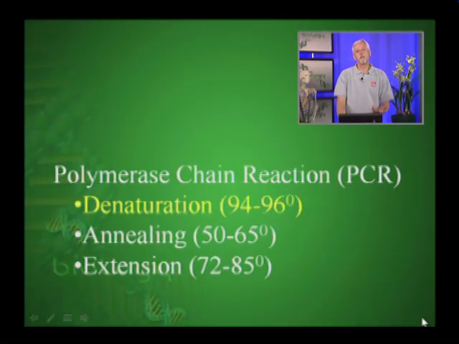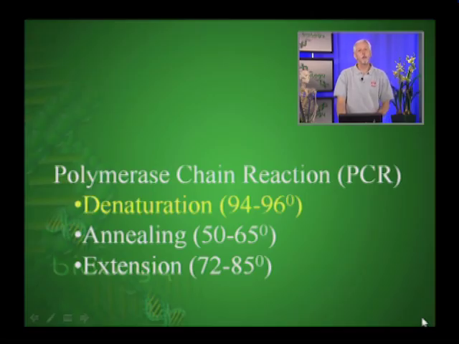It's in that heating and cooling cycle, a three-step process. I'll start with this, then we'll look at some diagrams. The steps are denaturation, which occurs at the peak temperature, about 94 to 96 degrees, and this causes the separation of the two strands of DNA of interest to us.